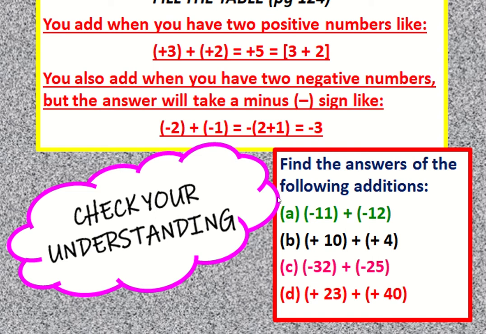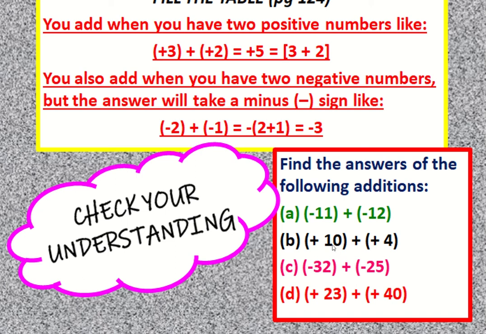You can do these questions as it is written in the box. Find the answers of the following additions. You have to practice these questions in the notebook. These are just examples of like integers: minus 11 and minus 12. You have to add these two negative integers, so the answer would be minus 23.